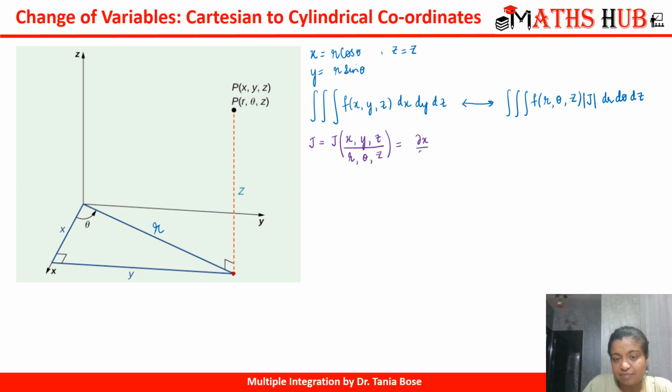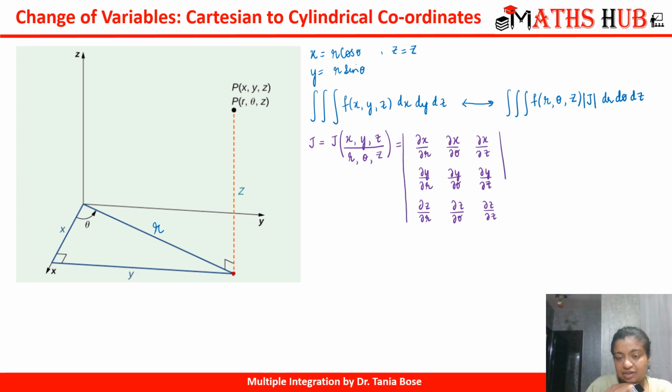It is del x by del r, del x by del theta, and del x by del z. Similarly, we have del y by del r, del y by del theta, and del y by del z. Likewise, del z by del r, del z by del theta, and del z by del z.